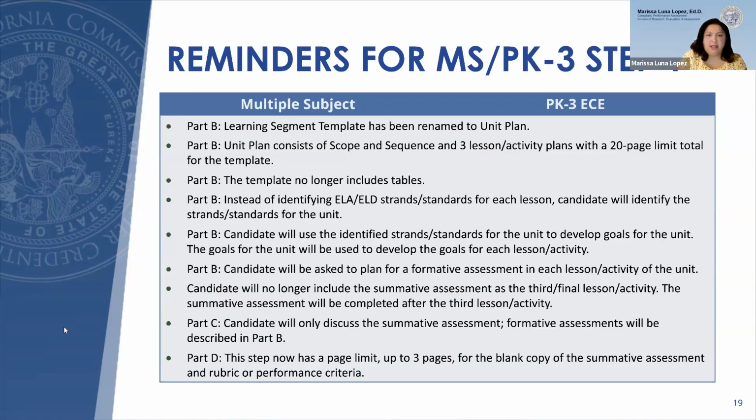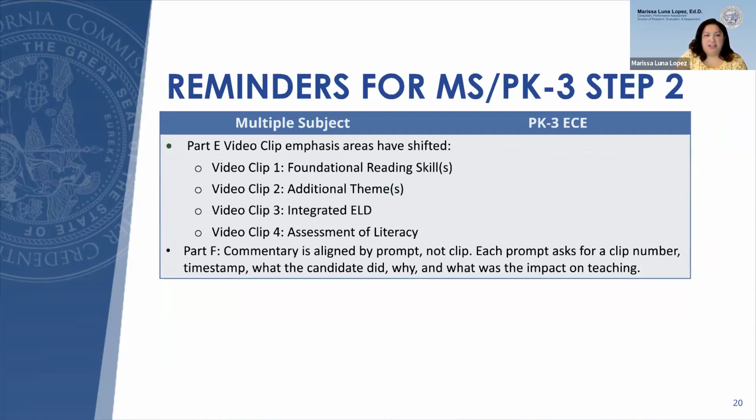You can hit the next slide, please. The video clips. So the video clips in version 1 were slightly different. In version 2, video clip 1, and again, like we said in the MPA, the candidate can have one big long video. They can clip and edit things together, or they can say, if you're like me, 4 video clips, 4 emphasis areas, that's what I would probably do.